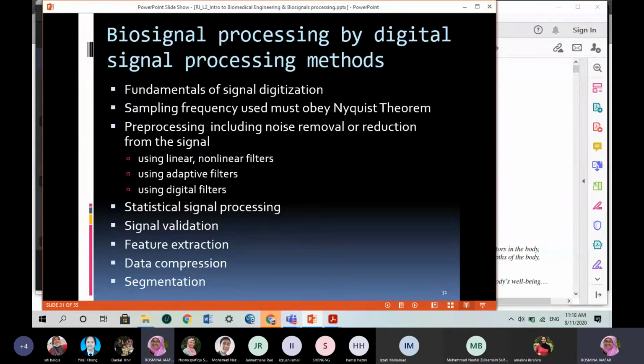You have the pattern. But for EEG, the brain signal, because it does not have a specific pattern, you need to do long-term monitoring. So it ends up that the EEG signals will be very long. So the processing of an EEG signal will be tedious, and difficult to handle.